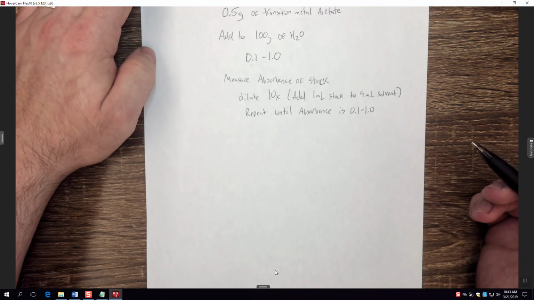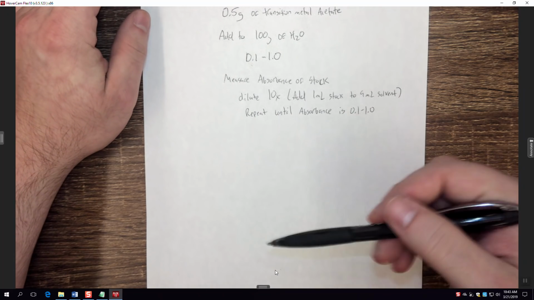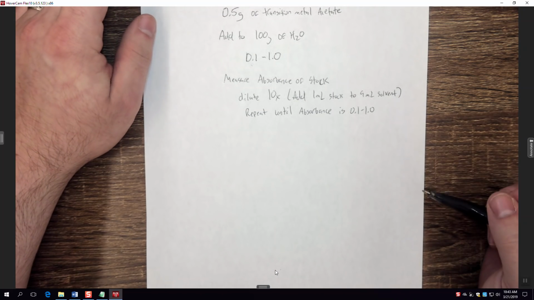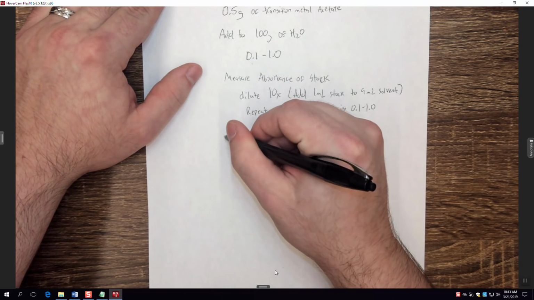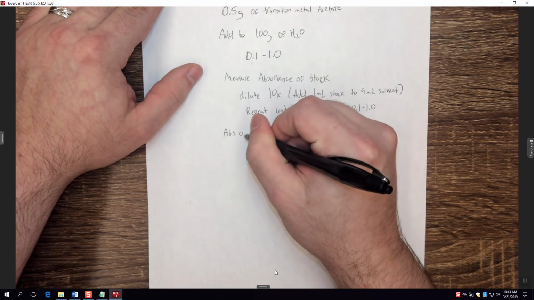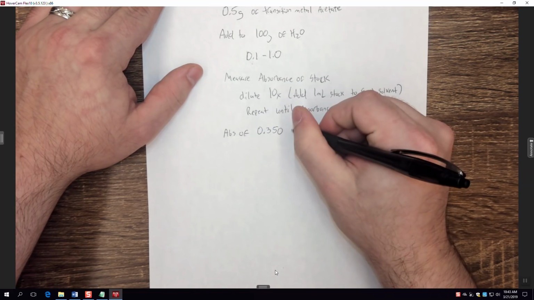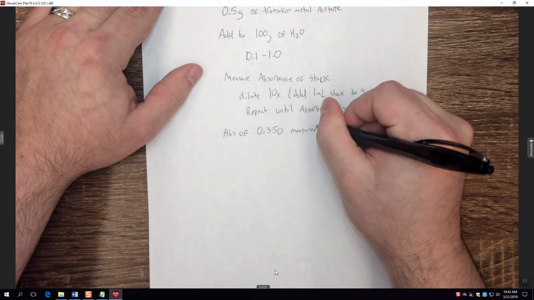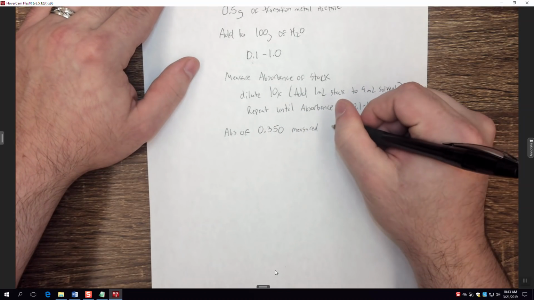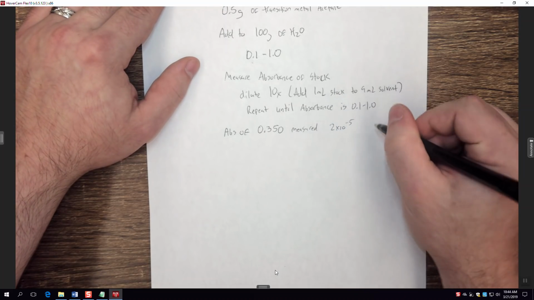So I'm going to make up some numbers and do the math to show you an example of how to figure out what concentration you'll need. So let's say that while doing this, we find that an absorbance of 0.350 is measured in a solution whose concentration is 2 times 10 to the negative fifth molal.